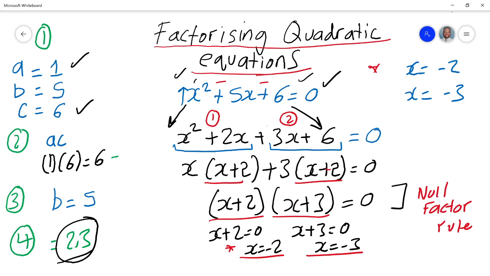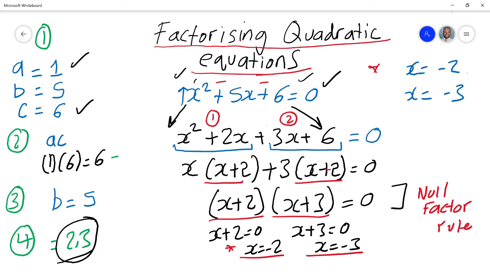What that means is when I put the value of -2 in this equation, it's going to be equal to 0. If I put the value of -3 in the above equation, that will also be equal to 0. So that is how you factorize quadratic equations. We're using a process of factorization to solve for the two values of x.